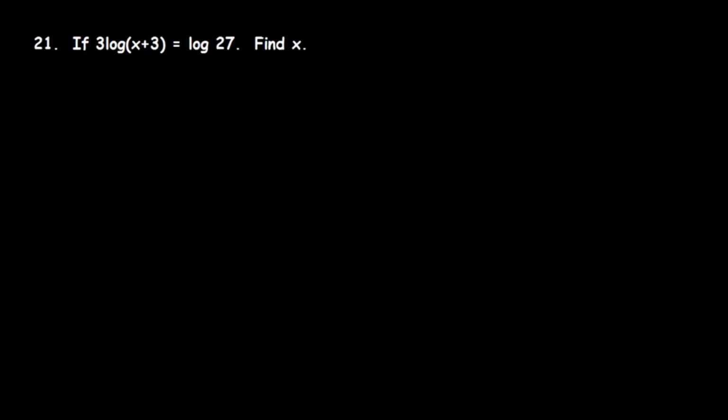Okay, the next question: if 3 log (x plus 3) equal to log 27, find x. So this is in the form of m log x base a, right? m log x base a we write as log x power m base a.